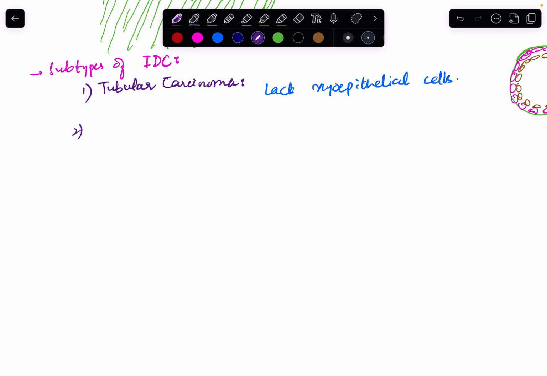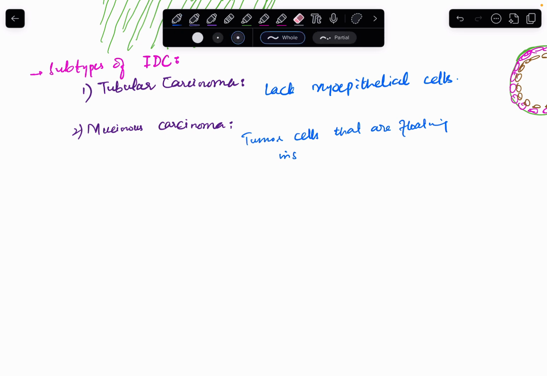The other subtype is mucinous carcinoma. In mucinous carcinoma, you are going to see tumor cells that are floating in the mucus.